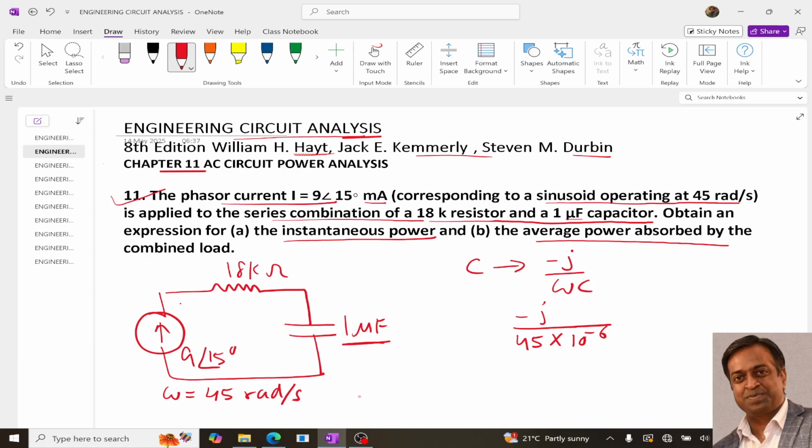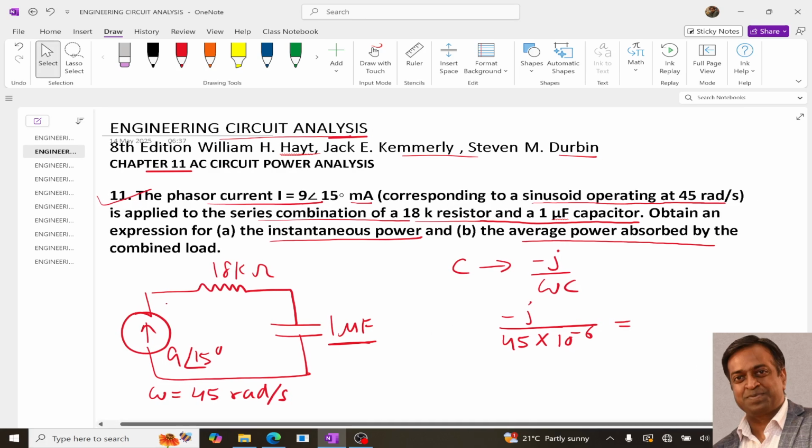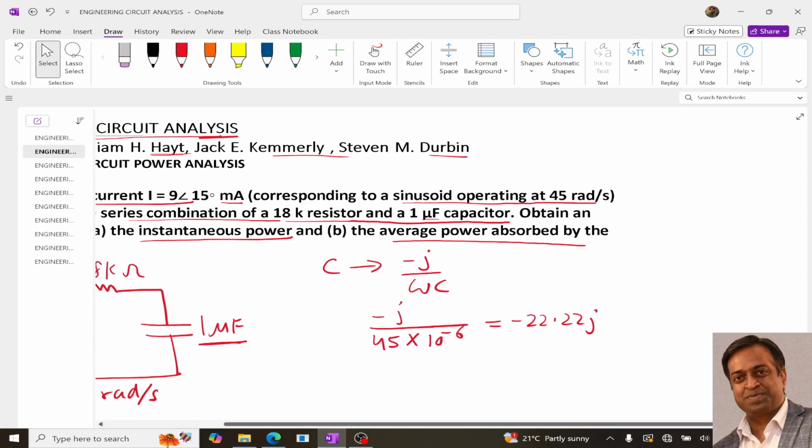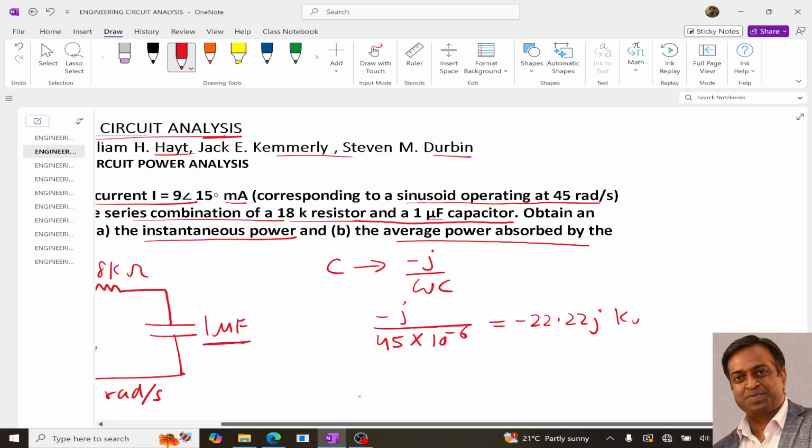This evaluates to minus 22.22 j kilo ohms.